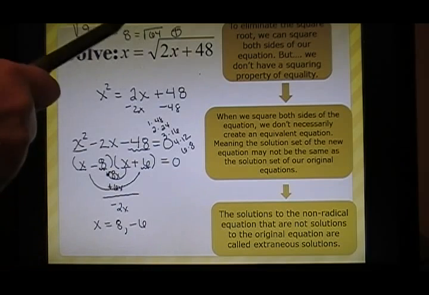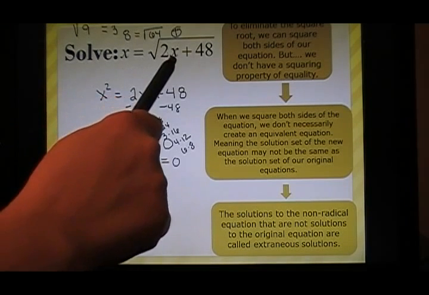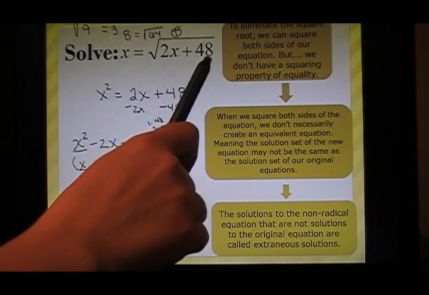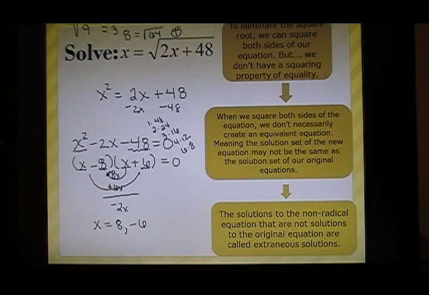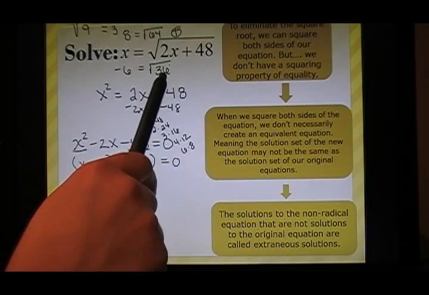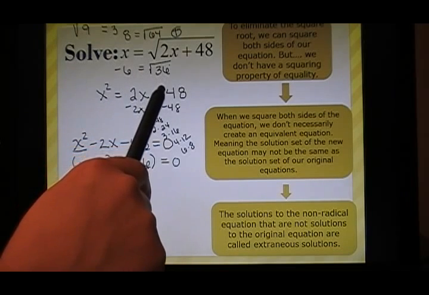If we substitute -6 in, 2 times -6 is -12. -12 plus 48 is 36. And so we have -6 equals the square root of 36. That statement is false. Remember, the square root of 36 is the positive or the principal root of 36.